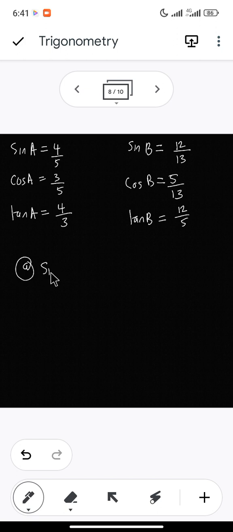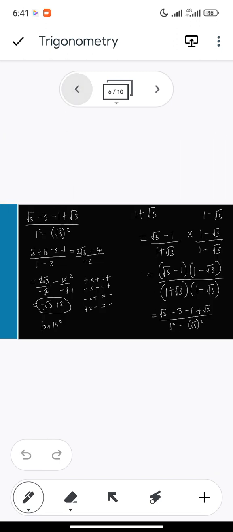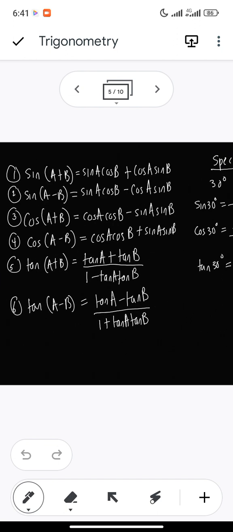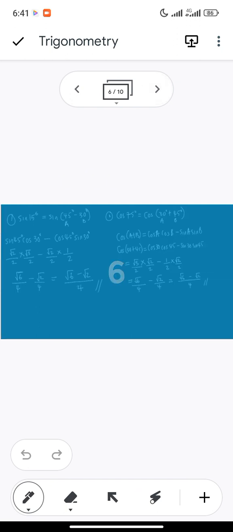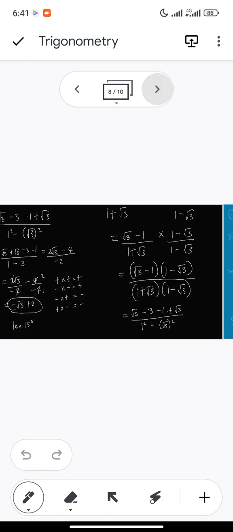So we should solve for sine A plus B. According to our compound formula, sine A plus B is sine A cos B plus cos A sine B. So we're going to apply that principle here.